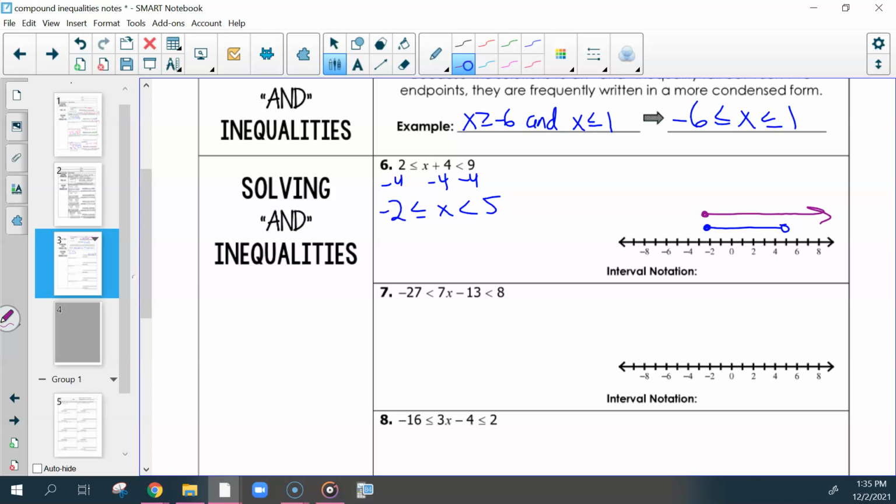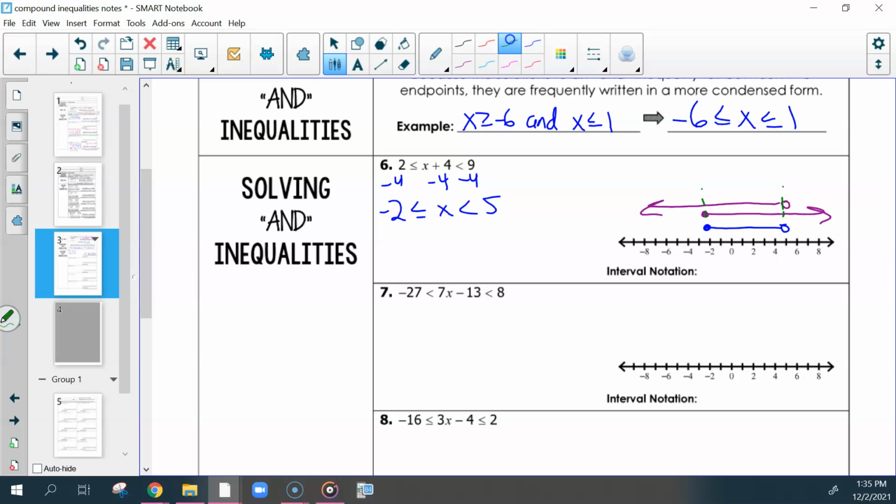And then read this part as normal. X is less than 5. So I would have an open circle there going to the left. And you can see where these overlap. So from there to there would be your solution area. Drawing the arrows is not necessary, but if it helps you, definitely do that.